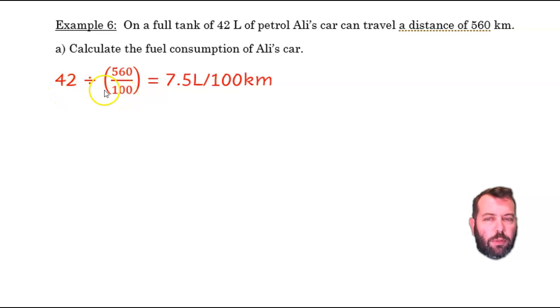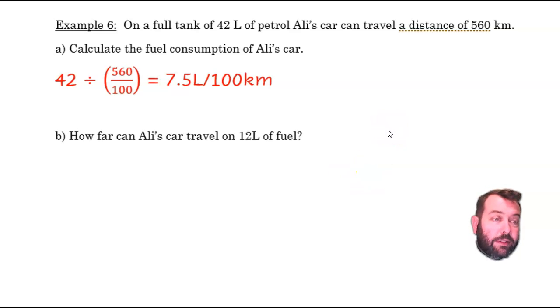I've done them both in the one step here. I've used some brackets. We want the answer in litres per 100 kilometres, so we do the litres divided by hundreds of kilometres. 42 divided by 560 on 100 is 7.5 litres per 100 kilometres. Now that answer is going to help us answer the rest of these questions.